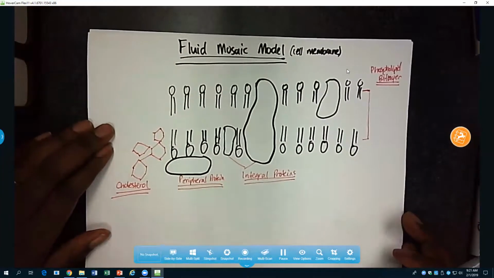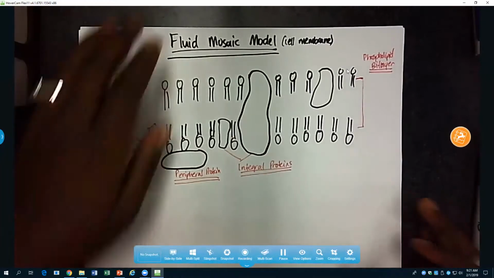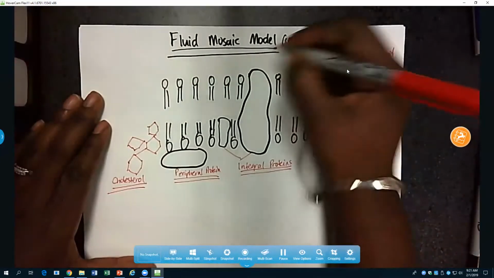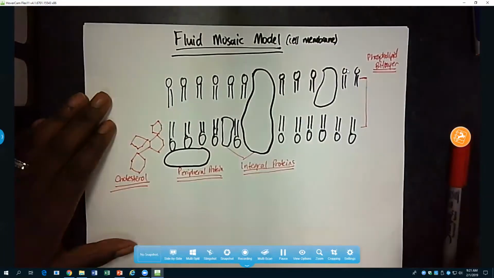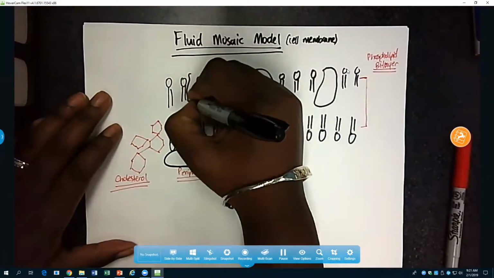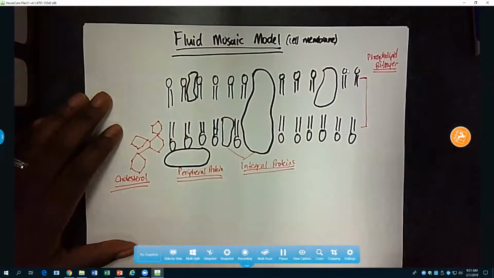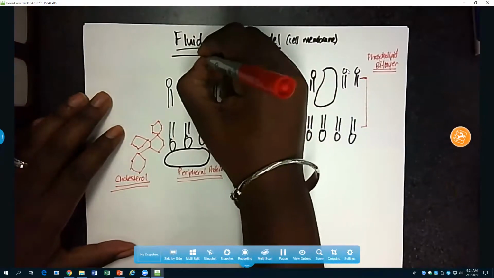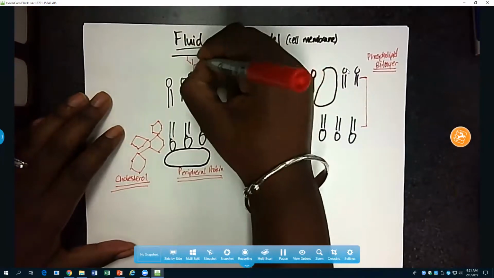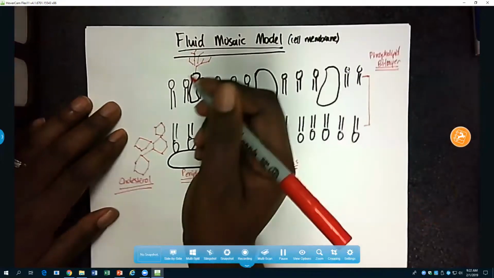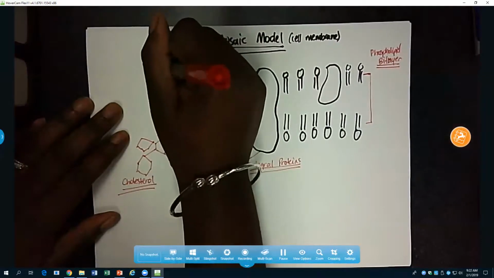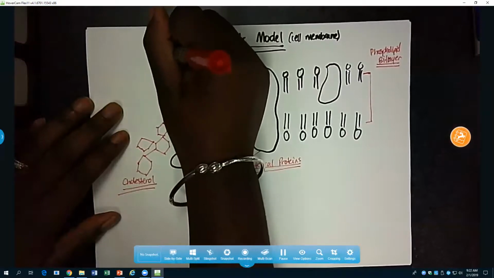And then we have some carbohydrates being a part of the membrane as well. When they're attached to proteins, I'll put them over this side. Protein here. So if they're attached to proteins, I'll draw these sort of branch-like structures as carbohydrates. And then if they are attached to a lipid, they are a different type here.